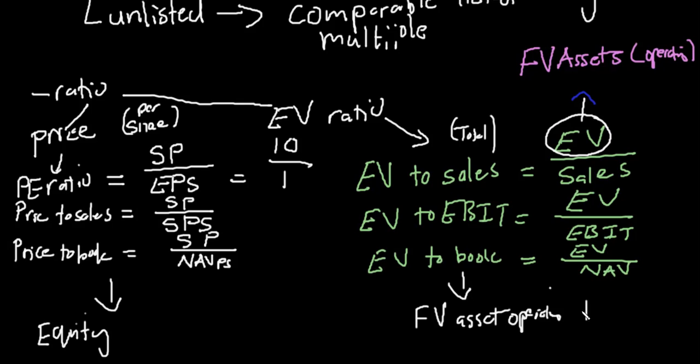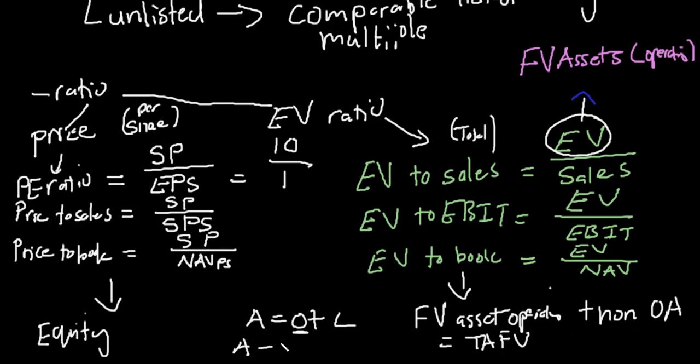This means you must still add my non-operating assets, right? Then whatever you get from your non-operating assets will then give you my total assets at fair value. Now, guys, if you remember the accounting equation, assets equals owner's equity plus liabilities. And remember, we want owner's equity. So assets minus liabilities will give me my owner's equity.